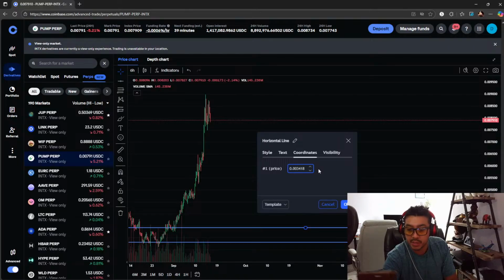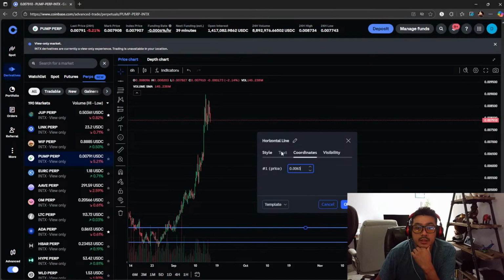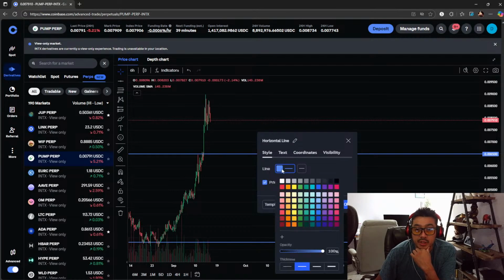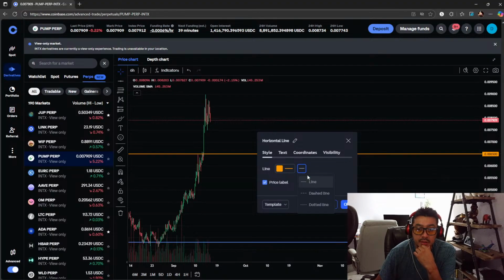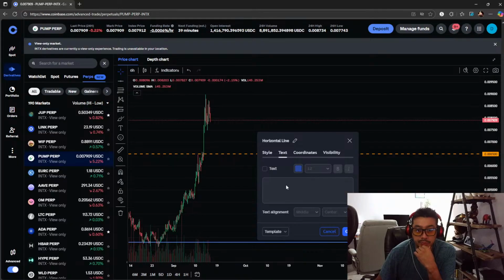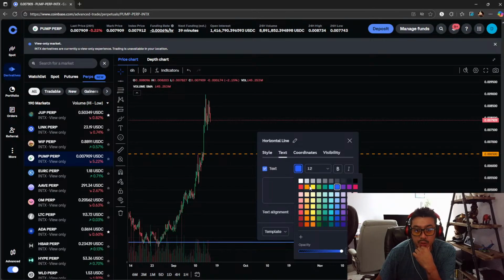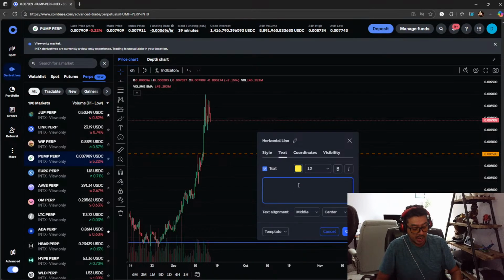I'm showing everybody my, how's it going? Check that out. So I bought it at 0.0065. Let's change the color. You guys know I love using orange, and then I'll dash it just so we know that's where we're at. Let's add a text. Boom, yellow.